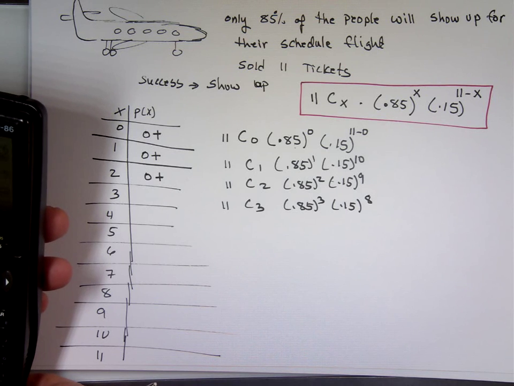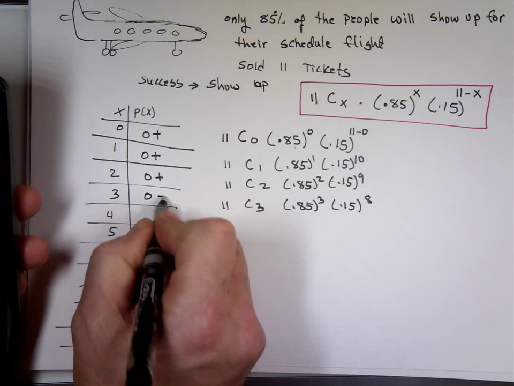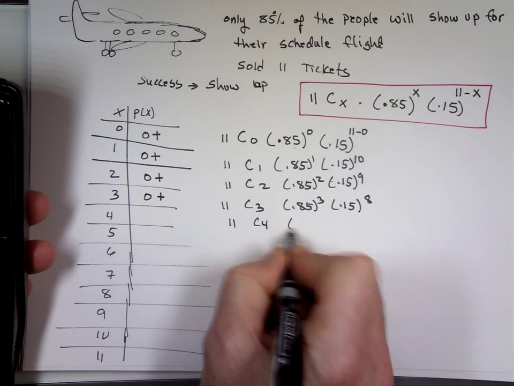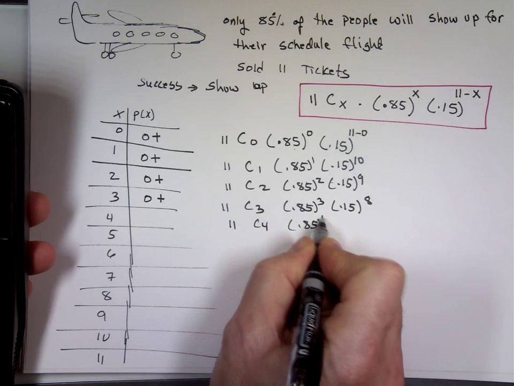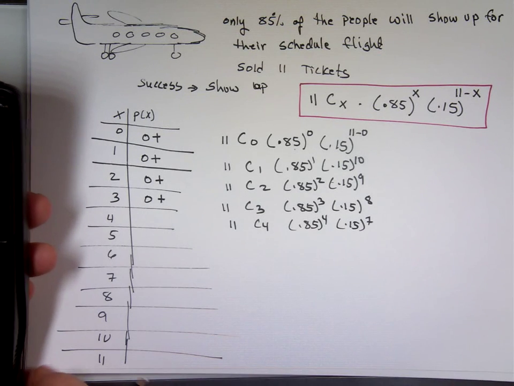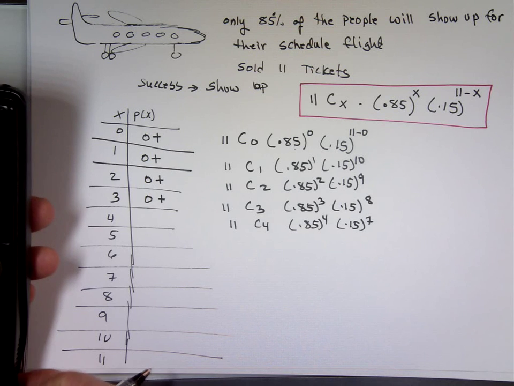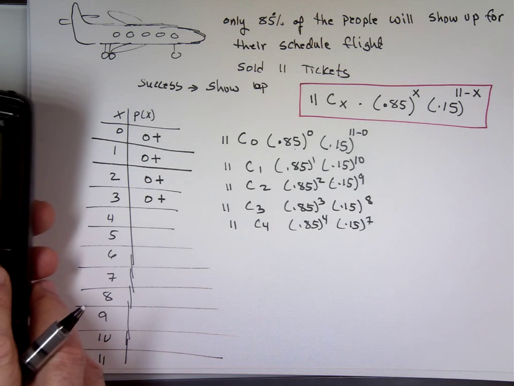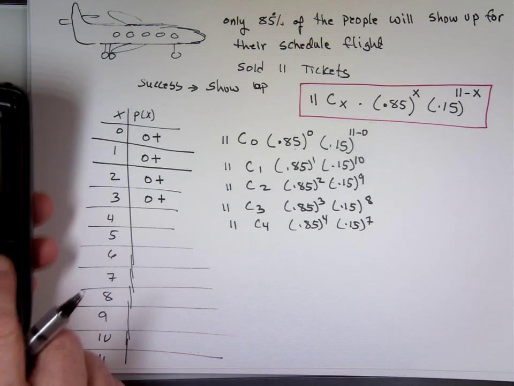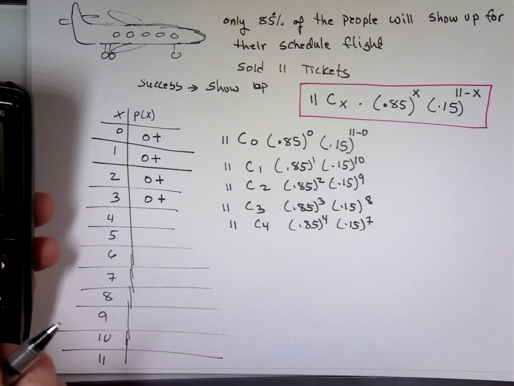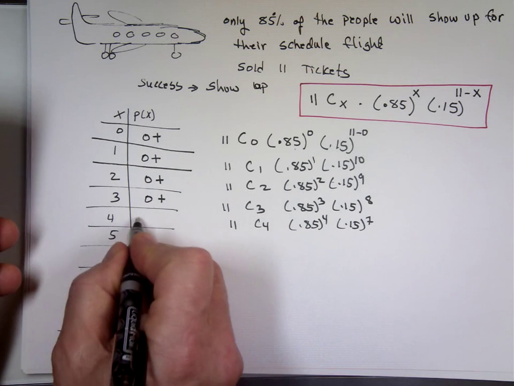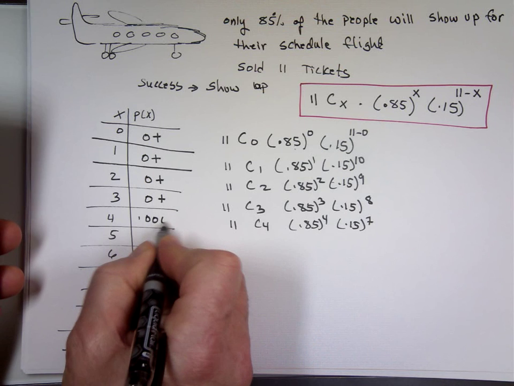Still almost a 0. X is 4. Well, this is 0.0003.